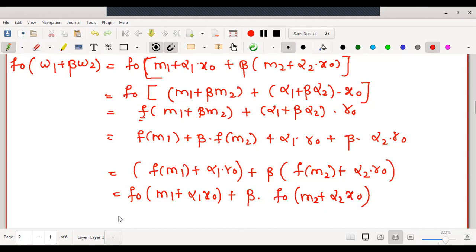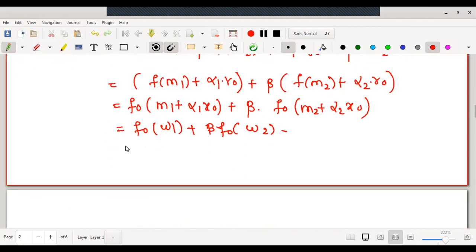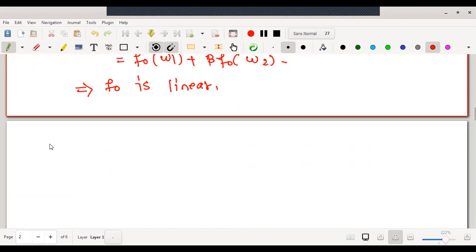But what is m1 plus alpha 1 x naught? We have defined, this is w1, and second this is f naught of w2. Thus f naught is linear. Thus we have proved that f naught is linear. Okay. Now coming to the second claim.